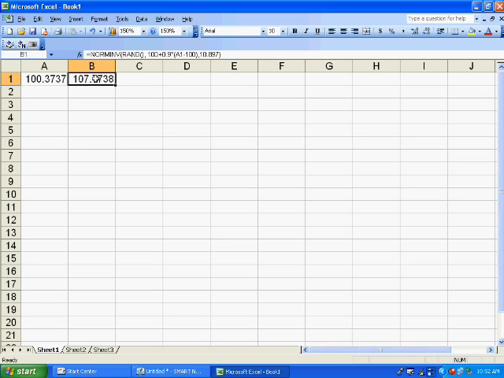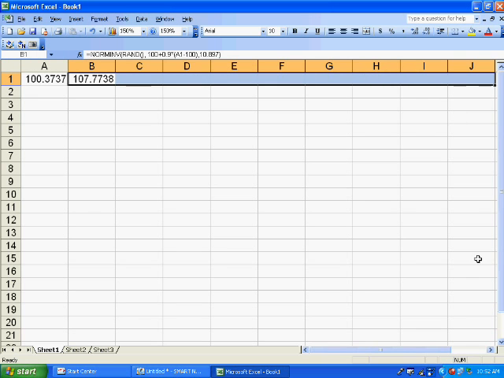So that's 1, 2, to the right. Okay, that's my random sample. Okay, so that's 10 data points.